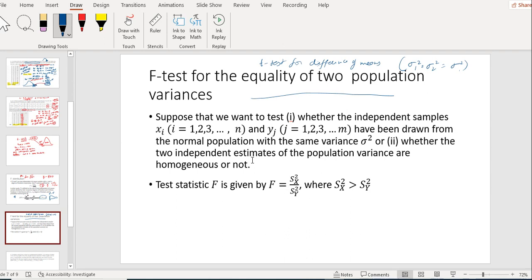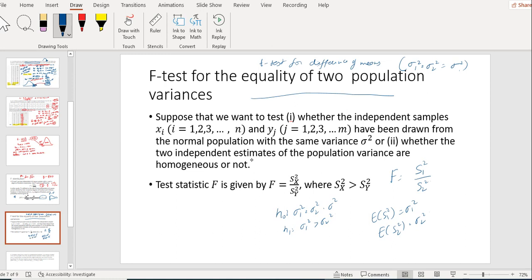The test statistic is the ratio of the sample variances, capital S1 square and capital S2 square, where capital S1 square is the unbiased estimator of the population variance sigma 1 square, and S2 square of sigma 2 square. The null hypothesis is that sigma 1 square equals sigma 2 square equals sigma square, and the alternate hypothesis is that one is greater than the other.